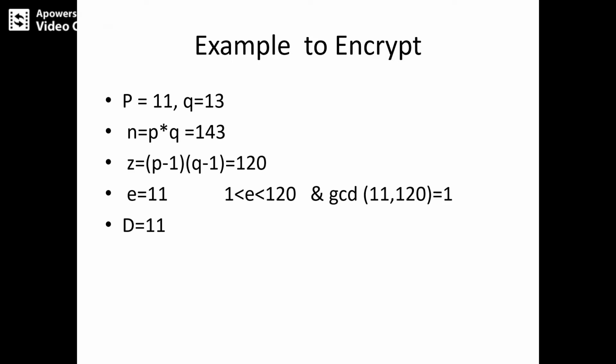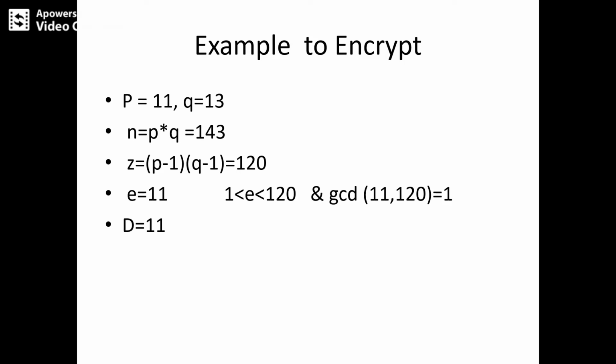Now we have selected an integer value, that is E is equal to 11. E should satisfy the following conditions we have seen in the previous slide; only then we select the E value. So here we have selected E is equal to 11. The first condition is E is less than 120 and greater than 1. So this 11 is less than 120, yes, satisfied, and greater than 1.